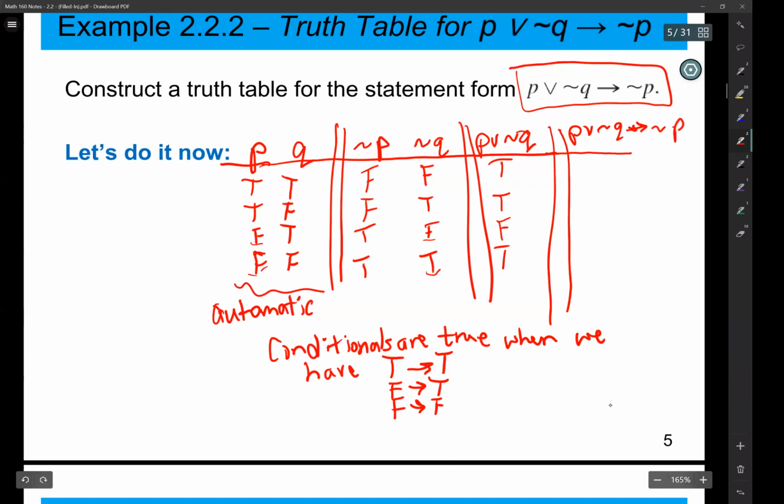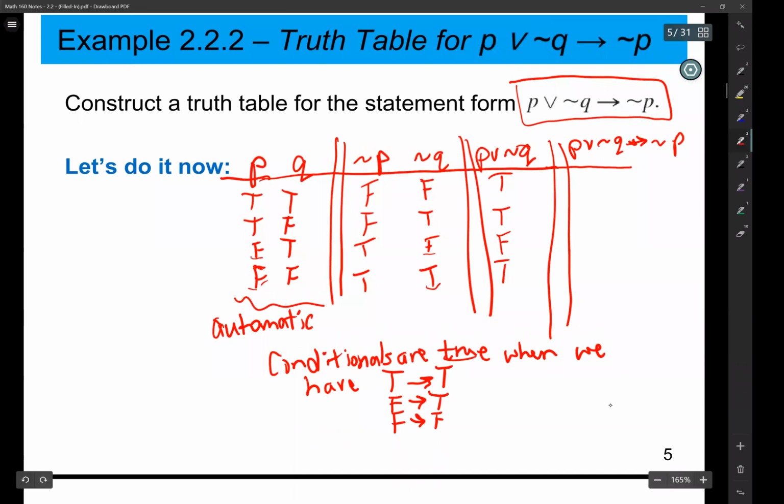Basically, conditionals are only false when true implies false, when we have a true hypothesis, but the conclusion didn't happen. Like that.